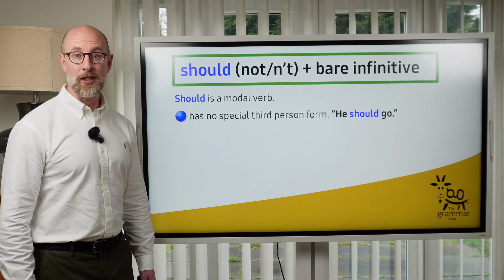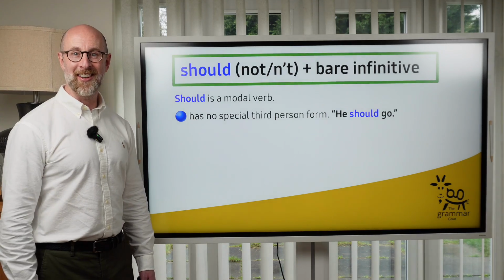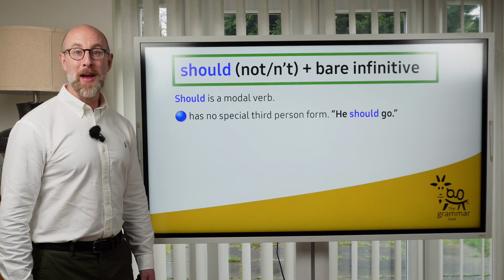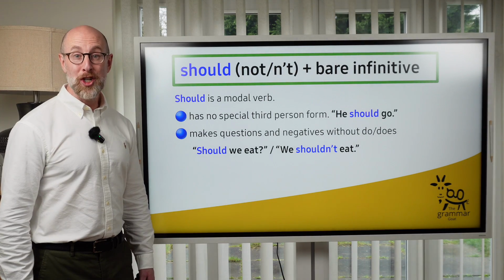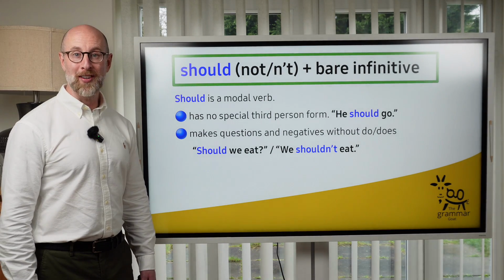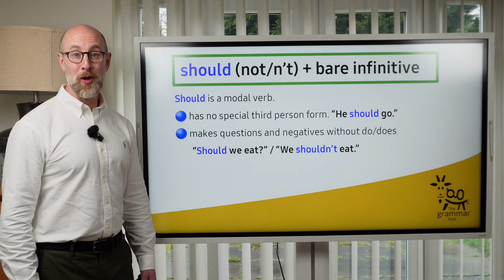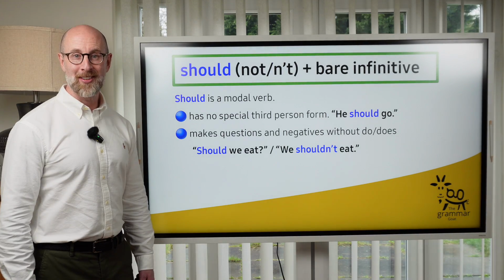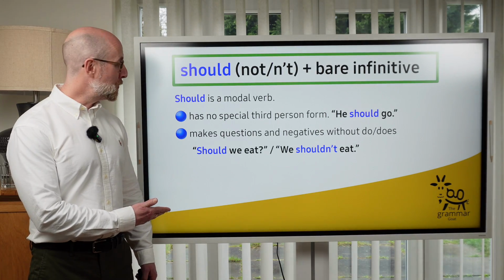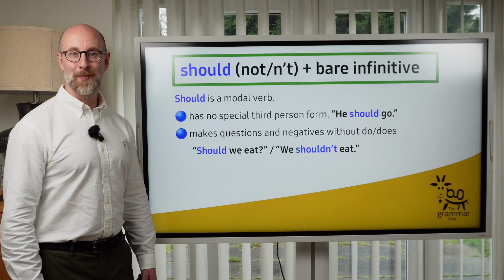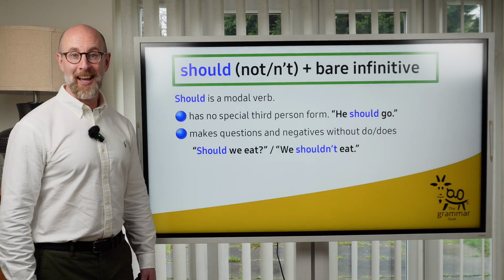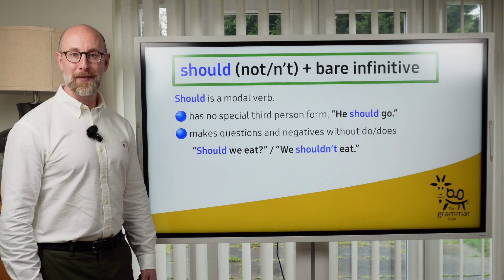It doesn't change in the third person. Also, we can make questions and negatives using should and shouldn't. We don't need do or does. Look at the examples. Should we eat? Question. We shouldn't eat. Negative.